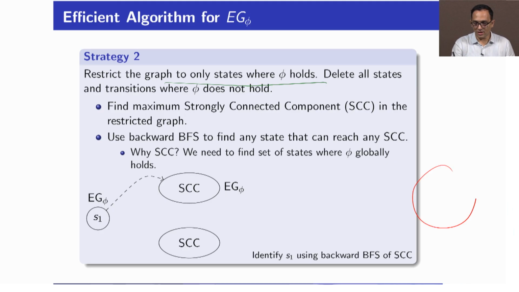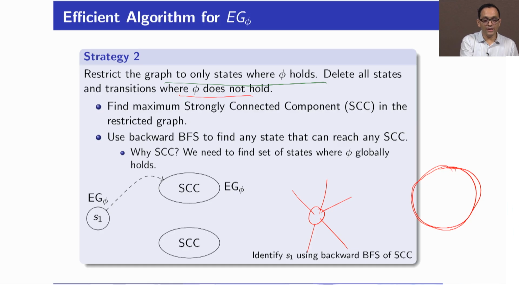That is my starting point, and I will delete all the transitions and states where phi does not hold. All incoming and outgoing transitions are removed, because these cannot be part of EG phi. By doing this, I get a subset of states where at least phi holds. That is my starting point.